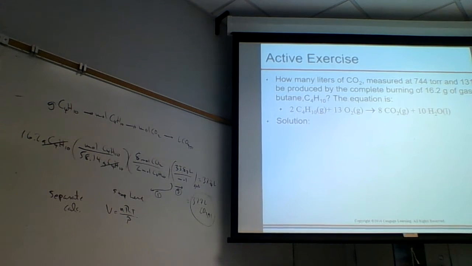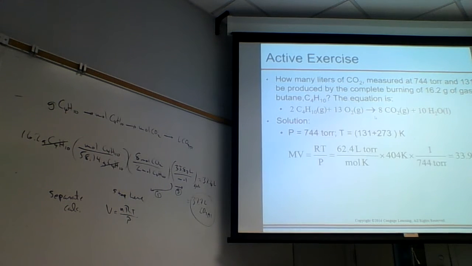So let's take a look at this solution here. They calculated the molar volume. We got 33.9 and some digits. I didn't round it there, just went ahead and carried it through. Then they set up the math: grams to moles, moles to moles, moles to liters.